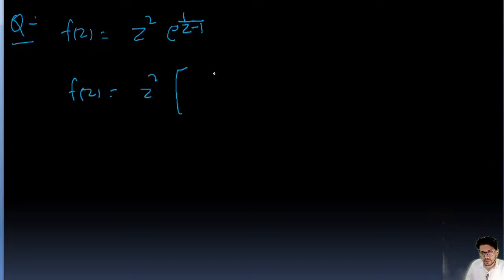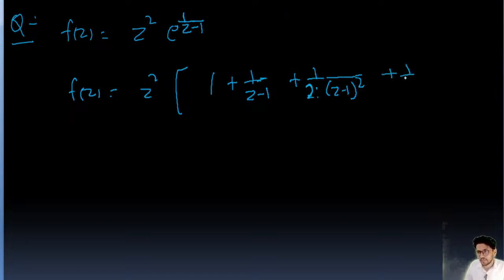So this is going to be 1 plus 1 upon z minus 1 plus 1 upon 2 factorial (z minus 1) whole square, right? We know how to open e to the power x, right? And plus 1 upon 3 factorial (z minus 1) to the power 3 plus so on.